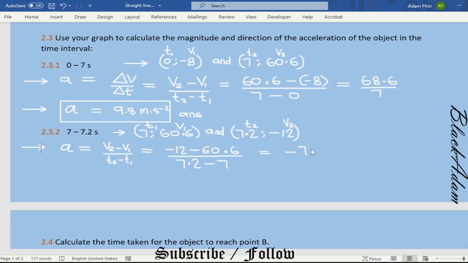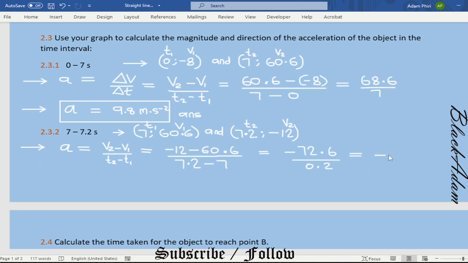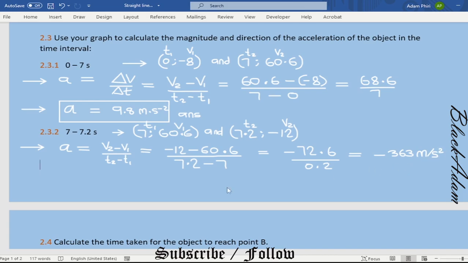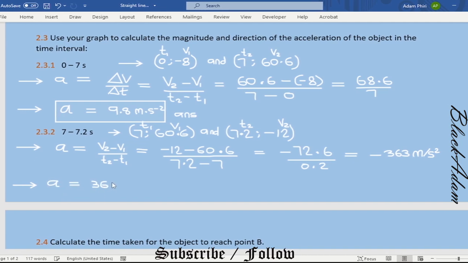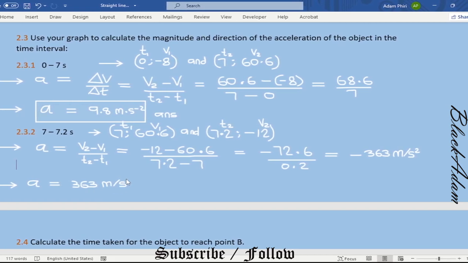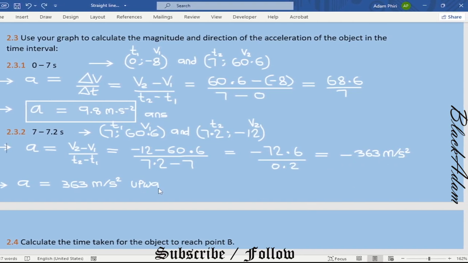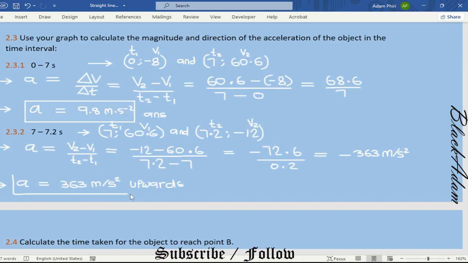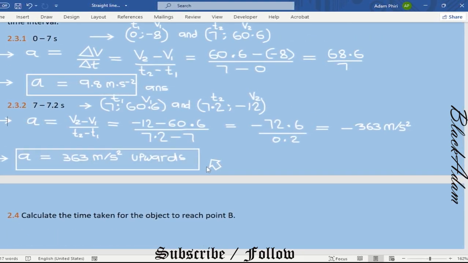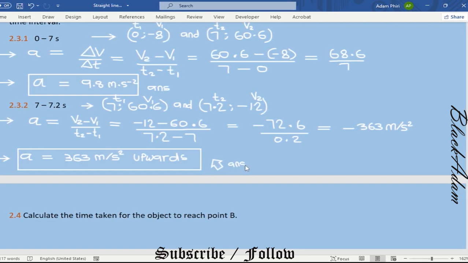The top gives us negative 72.6 over 0.2, which gives us negative 363 meters per second squared. Remember, negative is upwards, so that means our acceleration is 363 meters per second squared upwards, because negative means upwards and positive means downwards. So that's our answer for 2.3.2.